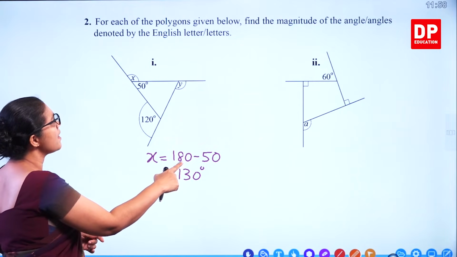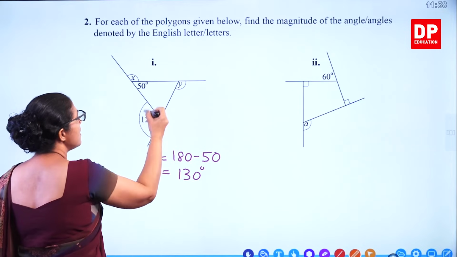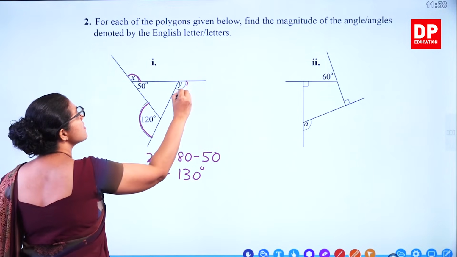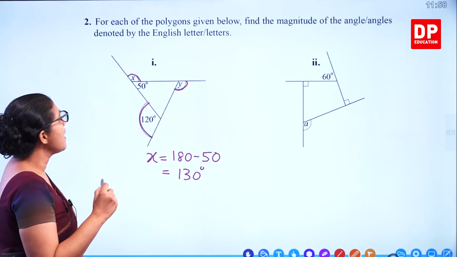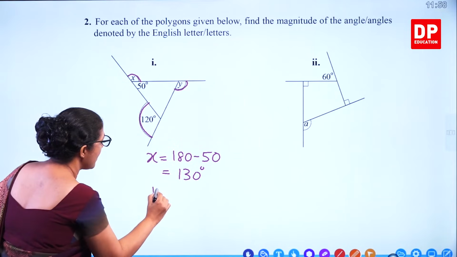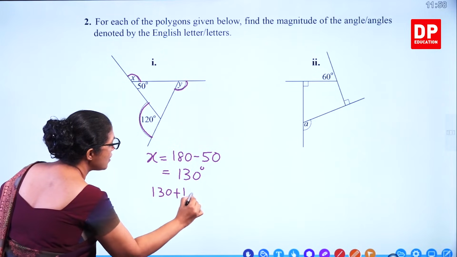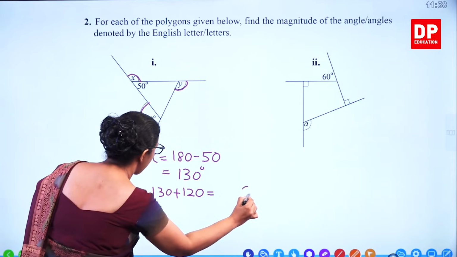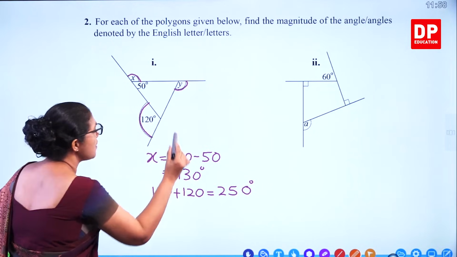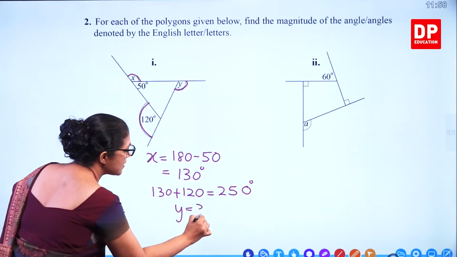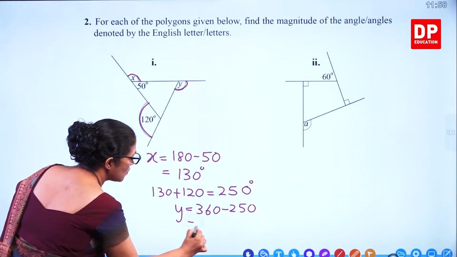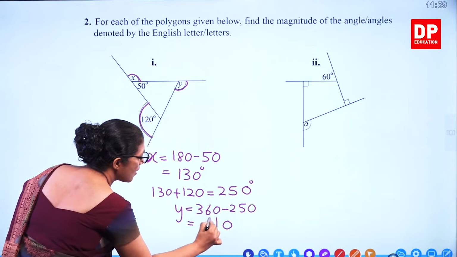So what are the exterior angles? When you extend, you get this, this and this. These are the three exterior angles. So what's y then? x is 130 plus 120, you get 250. When you subtract from 360, you can find the y angle. So what's y? 110.